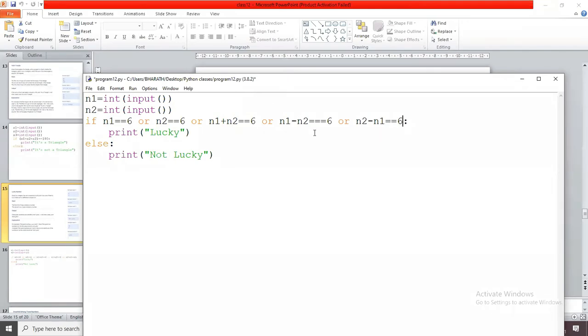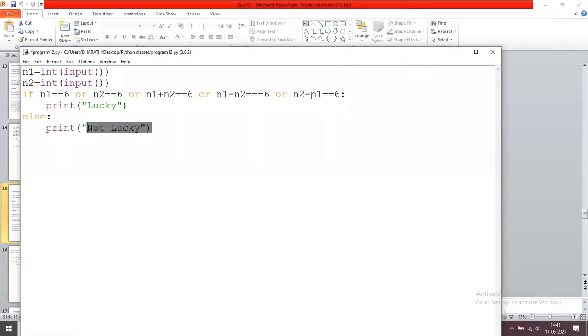Okay, in all these cases we are going to print lucky. In all remaining cases we are going to print not lucky. Okay, we execute this program.